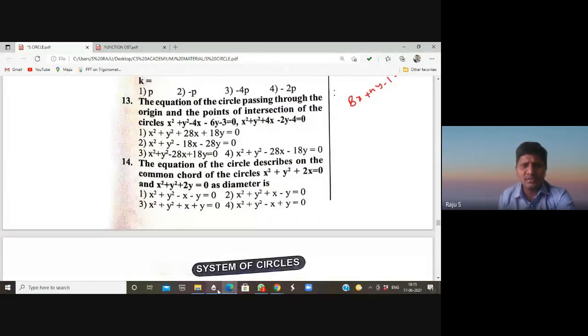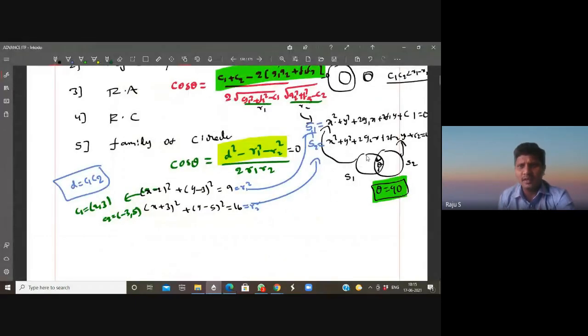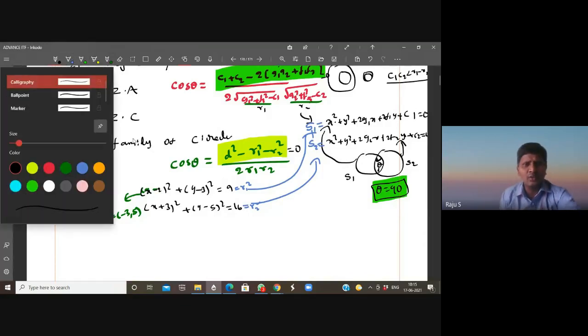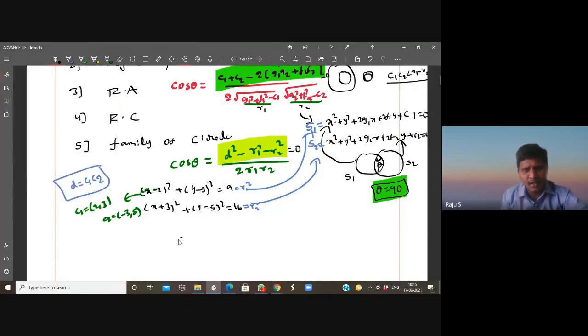When two circles are intersecting and the angle between the two circles is 90, what are the conditions you have to remember? One, I am writing again: c1 plus c2 is equal to 2 times g1 g2 plus f1 f2, when they are given in general form.